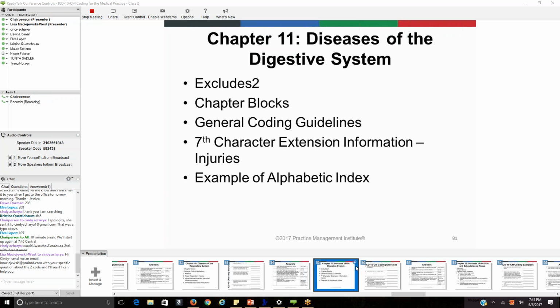Again, in this chapter, there are no chapter-specific guidelines, and it is reserved for future guideline expansion. There are specific instructions within the tabular list. So within the list of codes itself, you may have some specific instructions that you need to pay attention to.